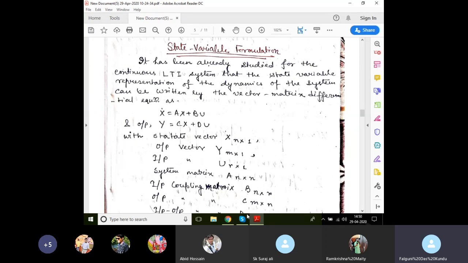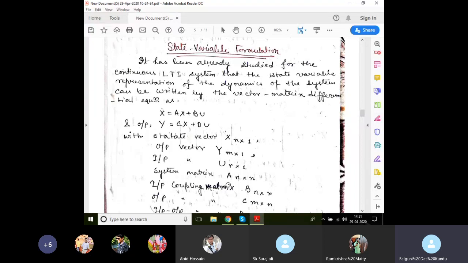and the output y is nothing but Cx plus Du, where x is a state vector and it is an n cross 1 vector, y is an output vector which is m cross 1, u is an input vector which is r cross 1.